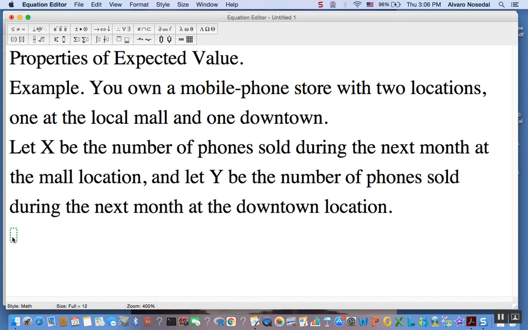Okay, so now, based on your experience, we are going to have the following probability distribution for x. Okay, let me write it down. Probability distribution of x.